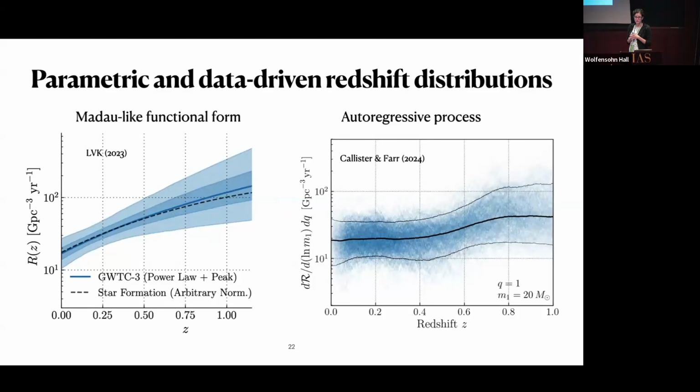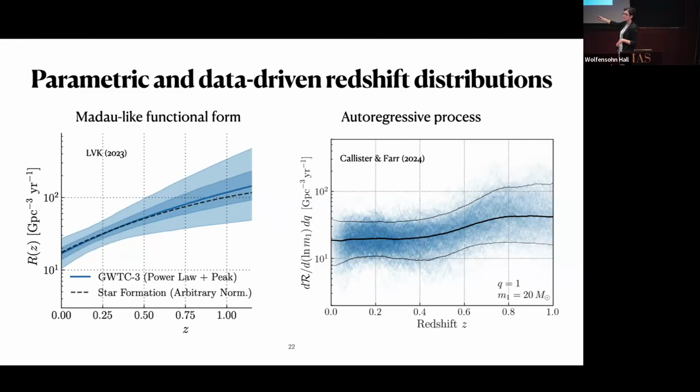Okay, and then for the redshift distributions, one thing that is natural to do is to fit for the merger rate as a function of redshift according to a functional form that looks similar to the star formation rate. This is using the same parametrization as the Madau-Dickinson star formation rate. The star formation rate increases as a function of increasing redshift up to around redshift 2, and then turns over.